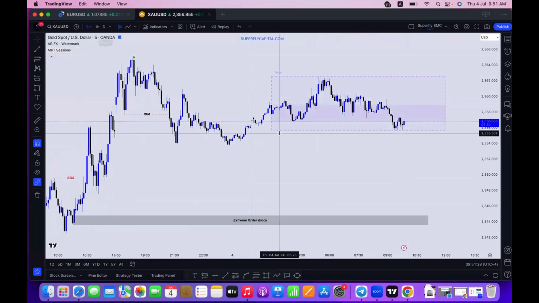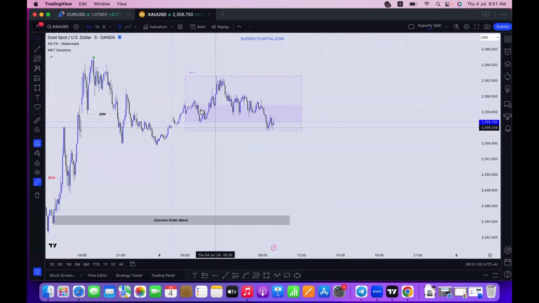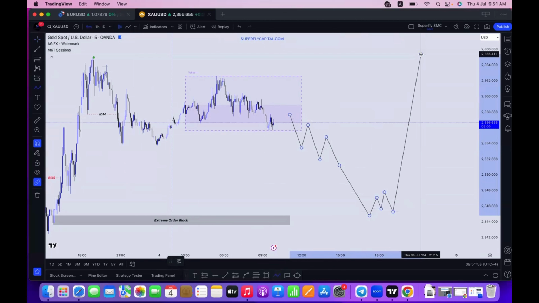If you apply your sessions too, you can see that we're currently in the Tokyo session. And then when the London session opens, maybe if price continues bearish like it is on 5 minutes, we will see something like this, price continuing with bearish momentum in the Tokyo session. And then when the London session opens, price might mitigate into this order block and give us a reversal pattern, and then we can buy gold from this point.